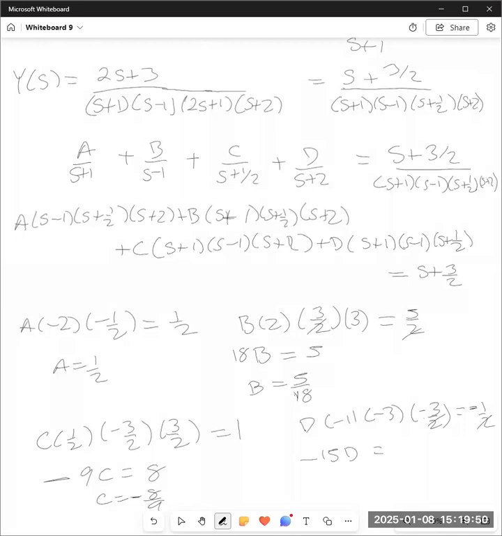Let's just check that again: negative 1, negative 3, negative 1.5, negative 3/2, yes. So negative 9D is equal to negative 1, and D is equal to 1/9.